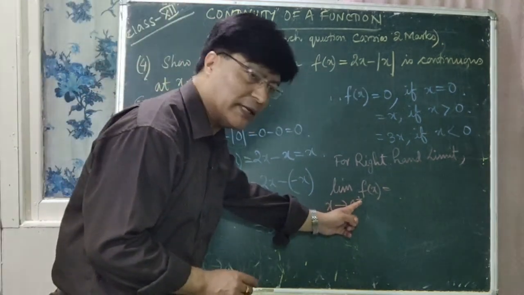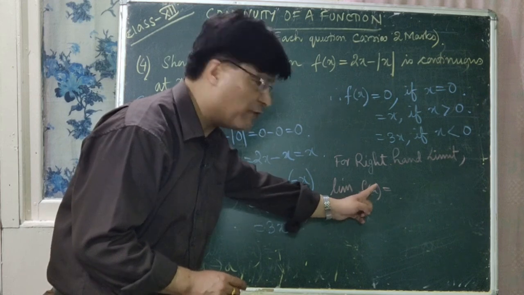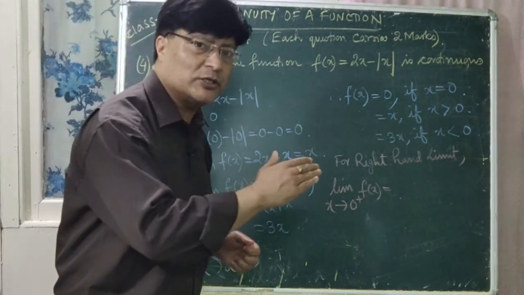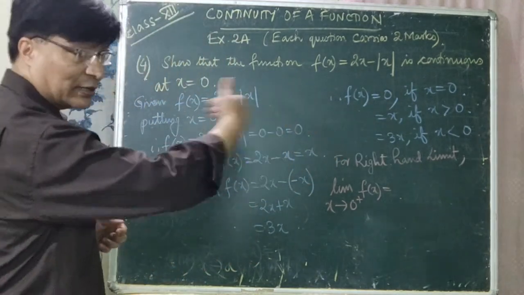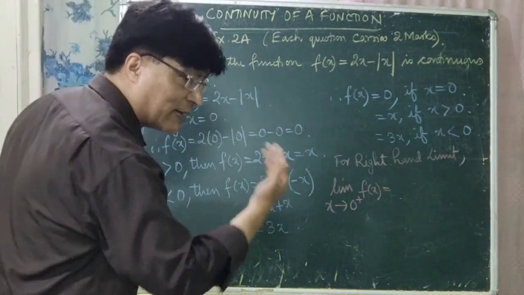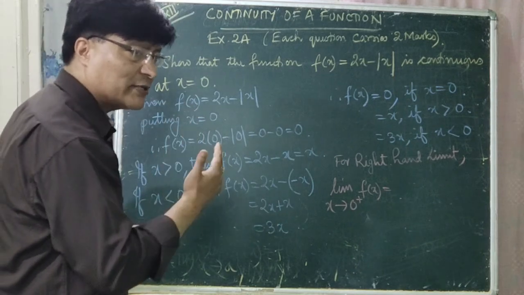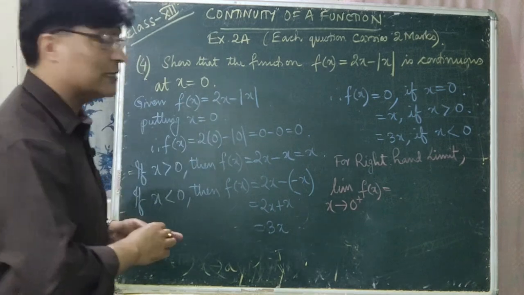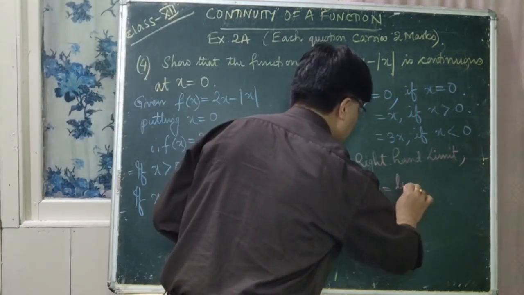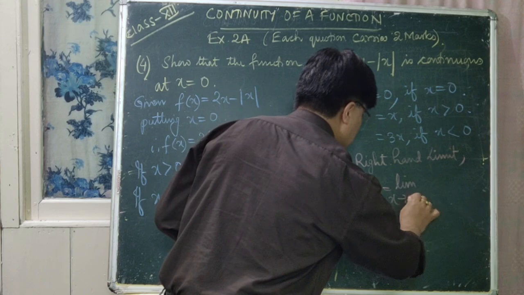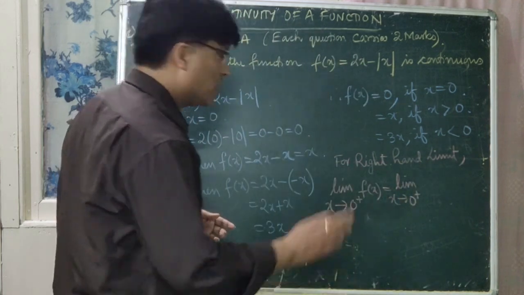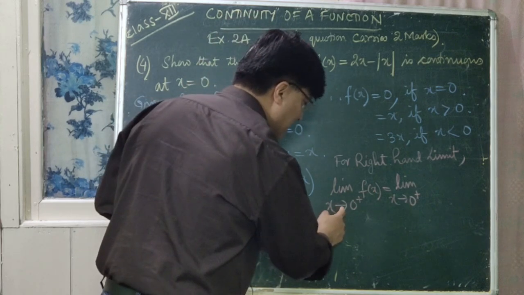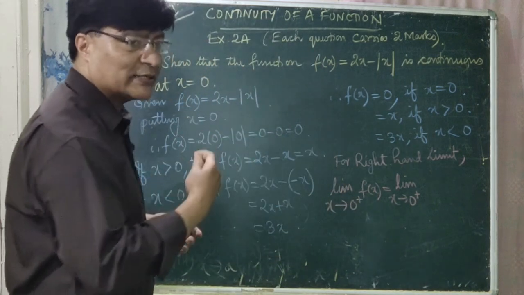Here, a little above, you put a plus sign, f of x. x tends to 0 plus means x is approaching towards 0 from which side? From the right hand side.